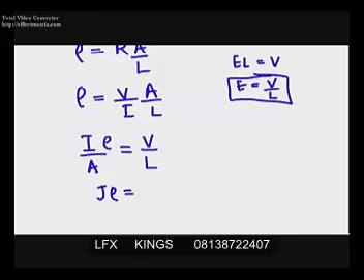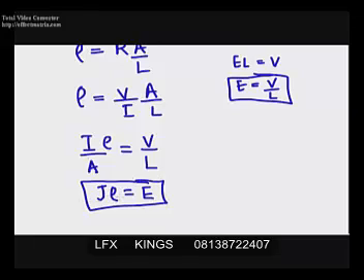I actually did it in a previous topic, electric field and electric potential. So we can simply replace V over L with electric field. So current density multiplied by resistivity gives us electric field.